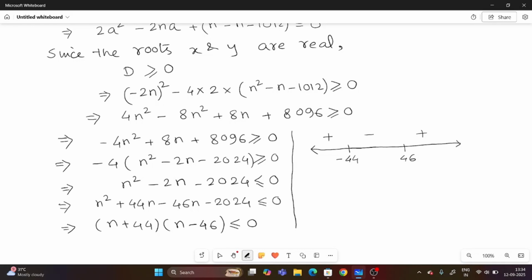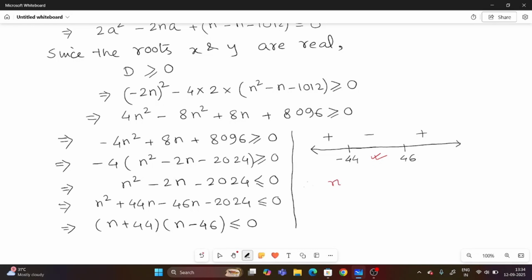And we have less than or equal to 0, that means we have to consider the region where the value of the quadratic expression is negative. That means we have to consider this region.